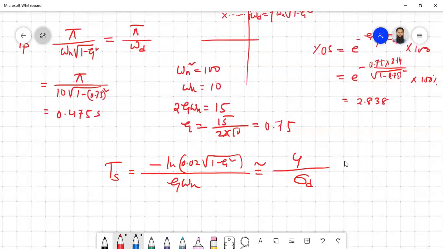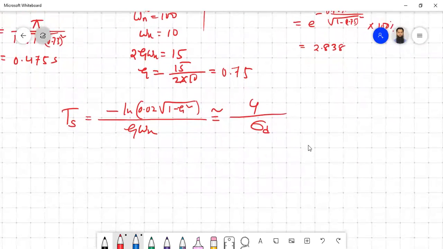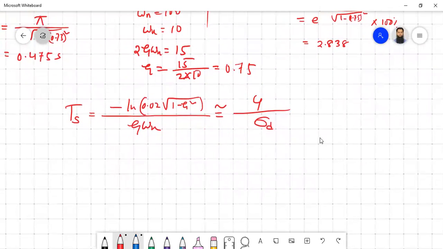Whichever you prefer. With 4 over 0.75 into 10, that will give you a value of 0.5337.